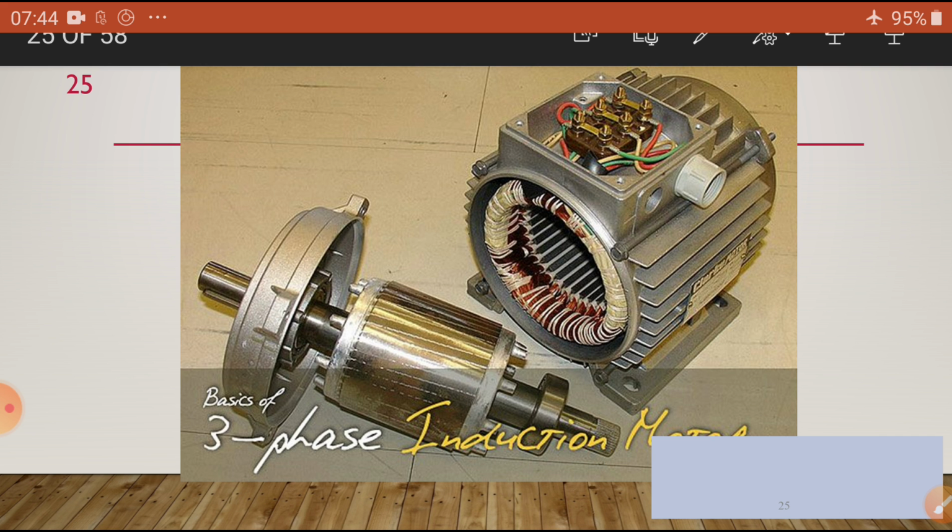Okay, here is a relaxation. But you have to remember that in the case of the no load test, you have to give the rated voltage to the motor. Then the motor will run at its normal speed without any load.